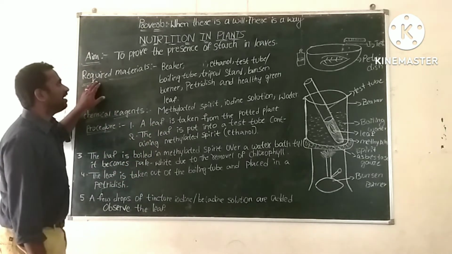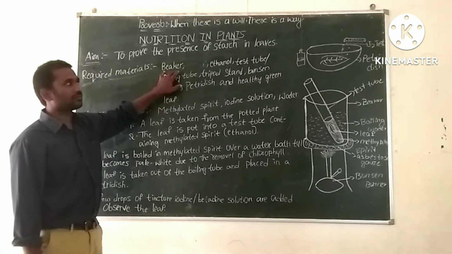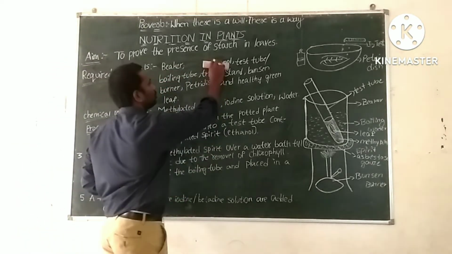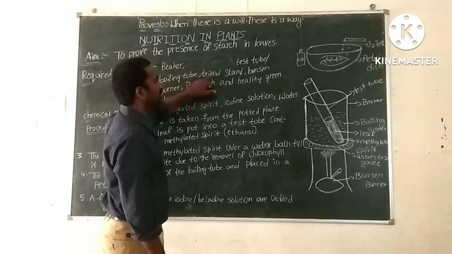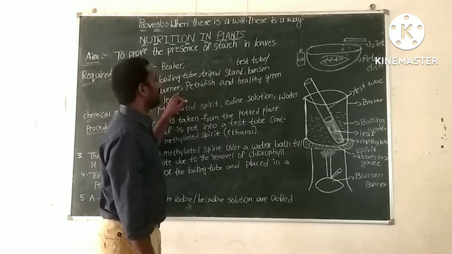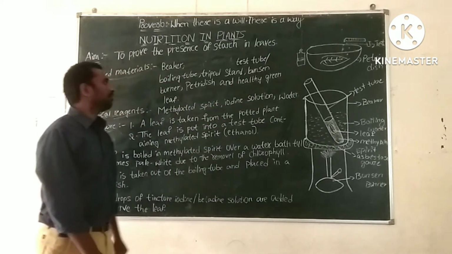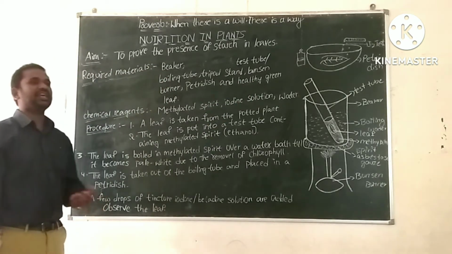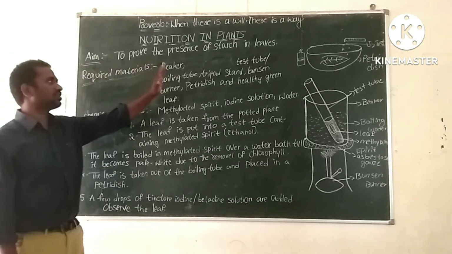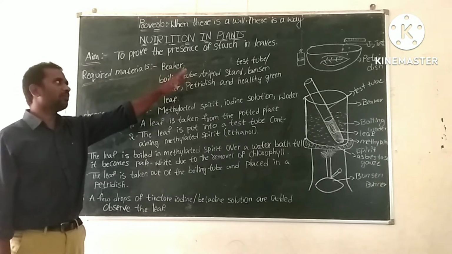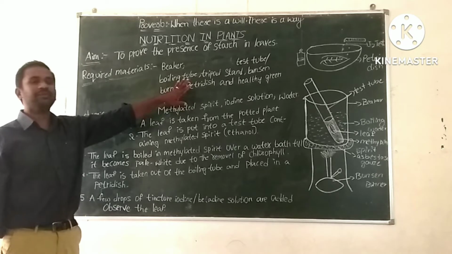So, required materials: beaker, test tube, boiling tube, tripod stand, Bunsen burner, petri dish, and a healthy green leaf.